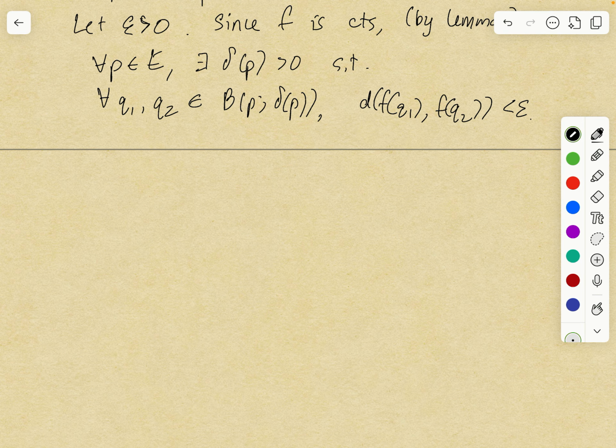And so for every p in your space, here's a little picture. Suppose that E is like a closed interval in R. You know that for every P, there is some delta of P such that whenever you have two points in this open interval, then the distance between f of those points is less than epsilon.